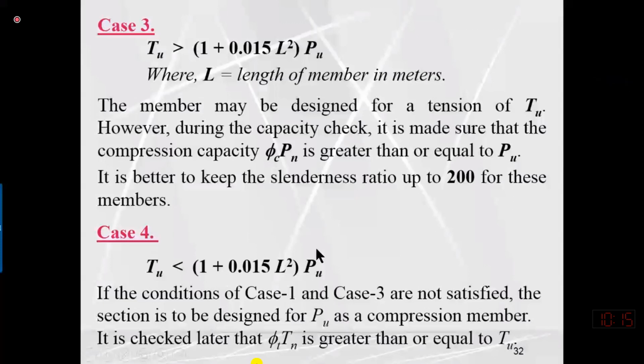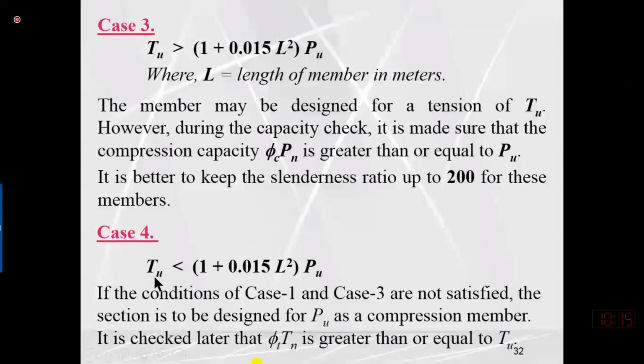Again, I'm repeating: in case number 3, if TU is larger than this right hand side, then the member will be designed as a tension member, but we will check the capacity also in compression. But if TU is lesser than this right hand side or this compressive load factor, then this member will be designed as a compression member, but later on we will check the capacity in tension also.